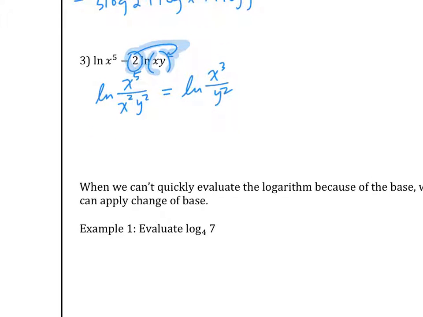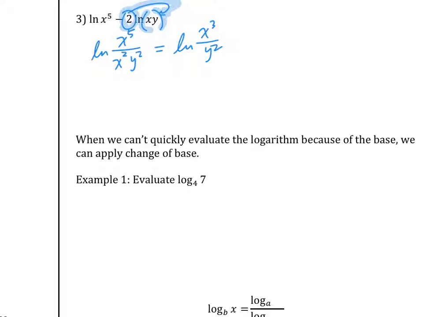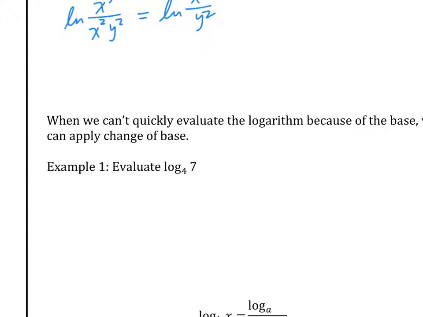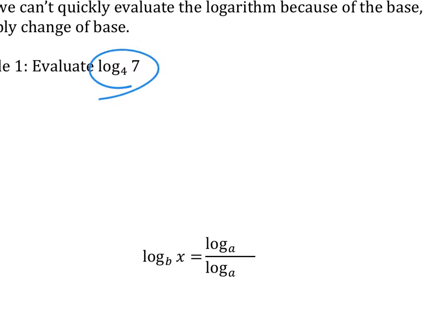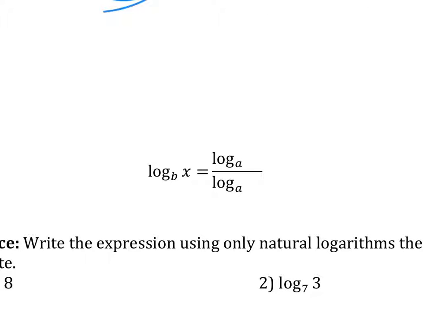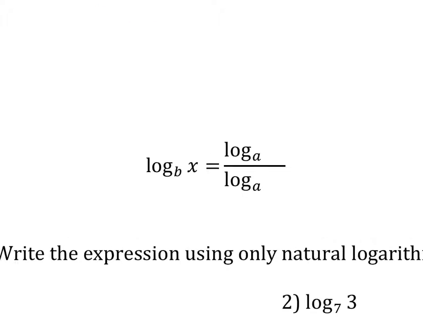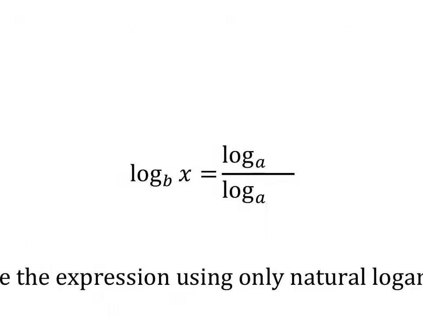Next, let's review from last year. Change of base. So let's say you're trying to evaluate this. Now, on most calculators, you cannot change the base, so you need to actually change it yourself. And this is the rule. If you have a log base b of x, you can change it so that it will be whatever log base you want, and then you put the x here and then the b here.